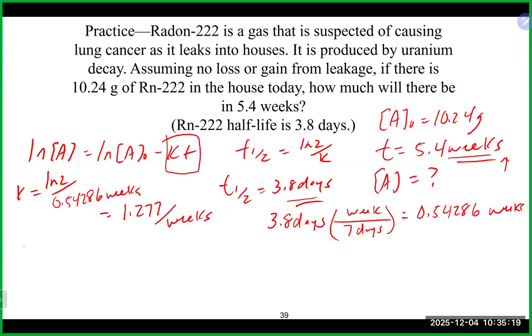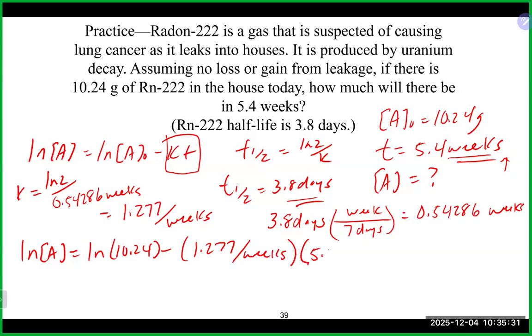Now we can put in the natural log of what we're looking for: natural log of our initial 10.24 minus our 1.277 reciprocal weeks times our 5.4 weeks. Again, the weeks are now going to cancel. All good. Clean up the right-hand side: natural log of 10.24 minus 1.277 times 5.4.